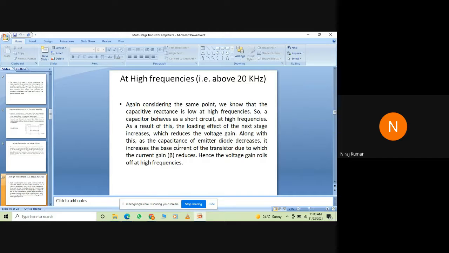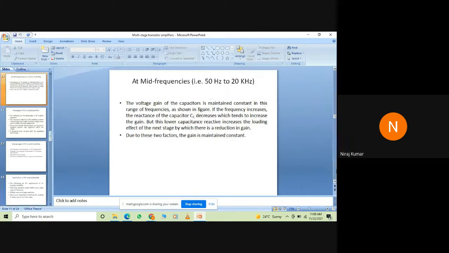Along with this, the capacitance of the emitter diode decreases, which increases the base current. Base current, in the sense of the input of the second stage amplifier, is reduced. Hence, the voltage gain rolls off at high frequencies.